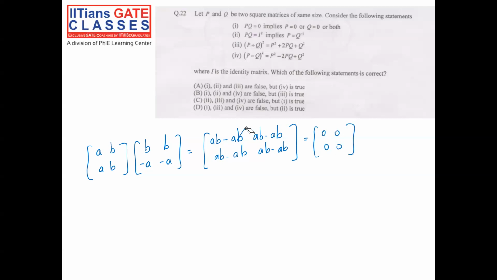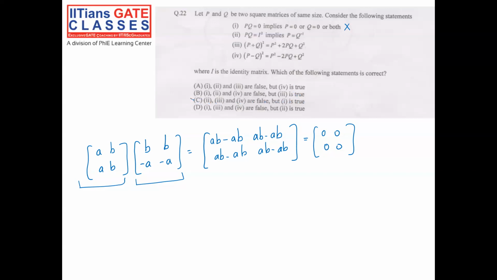Ultimately, for any values of A and B in this format, and there can be some other cases as well, it is not necessary that either of these matrices, or both, has to be 0 if their multiplication is 0. So we can clearly say that the first statement is false. Considering that, we can clearly remove option C from the list. It is incorrect.